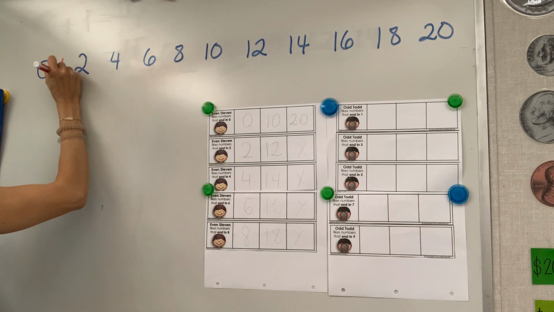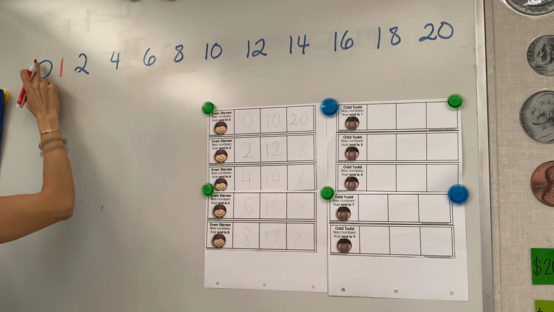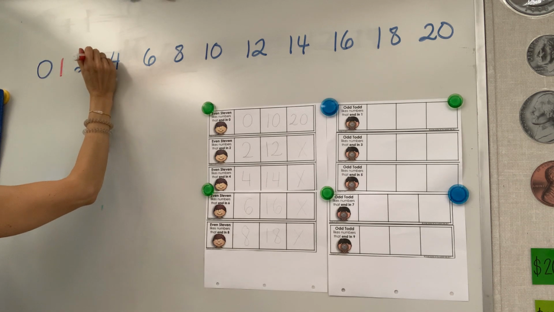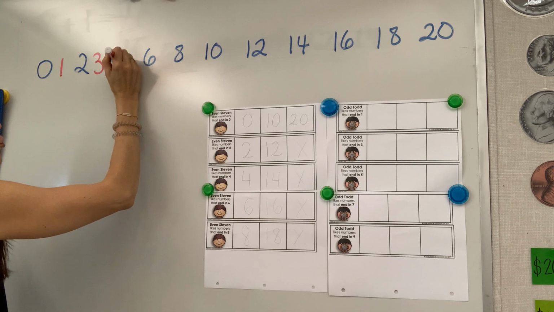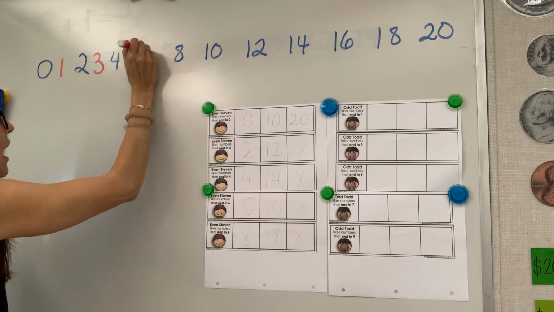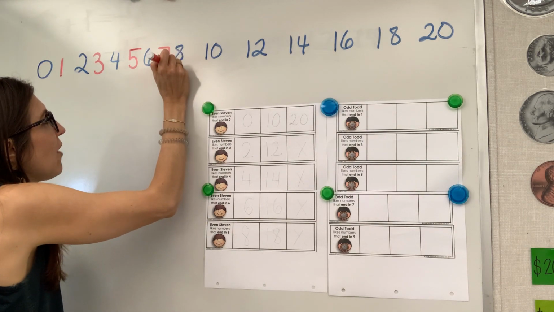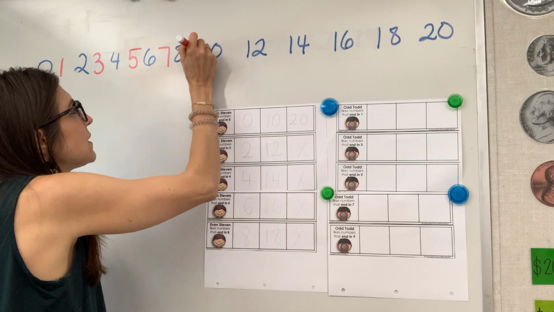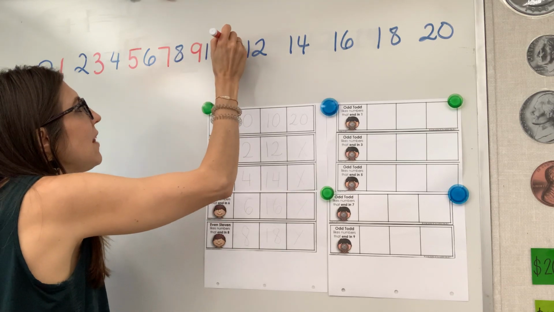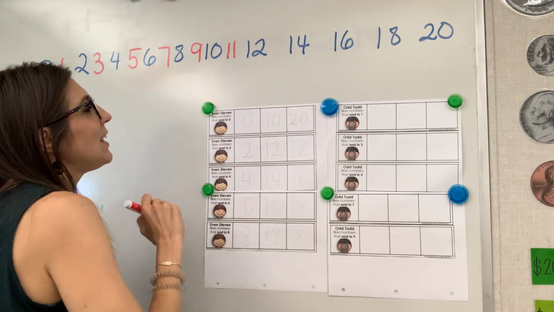Yes, 1, right? We're skipping 1 and we're just saying 2. So after 2, we're skipping 3. After 4, we're skipping 5, right? After 6, we're skipping 7. After 8, we're skipping 9. After 10, very good, 11.